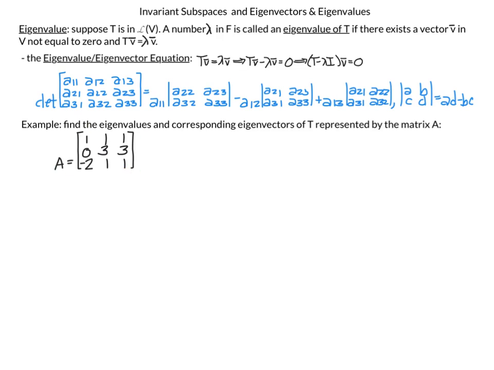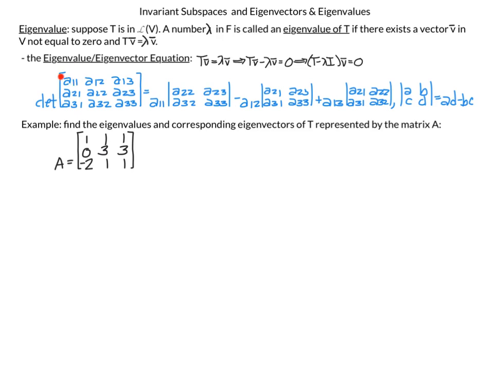And for this problem, I have the formula for determinant of a 3 by 3 matrix up here. So we have the 3 by 3 matrix with column vectors A11, A21, A31, and then the second column vector is A12, A22, A32, and our last column vector is A13, A23, and A33. To find the determinant, we're going to expand along the top row.